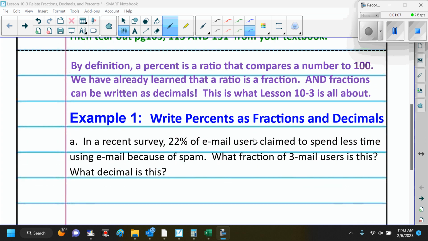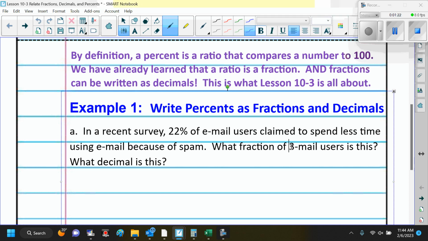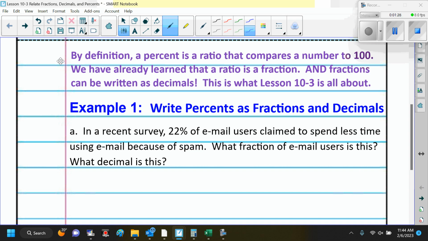So for example 1, we want to write percents as fractions and decimals. So it says here, in a recent survey, 22% of email users claim to spend less time using email because of spam. We want to know what fraction of email users is this?